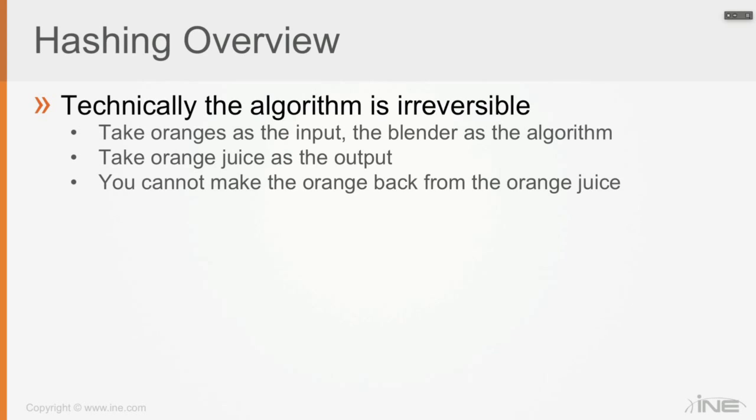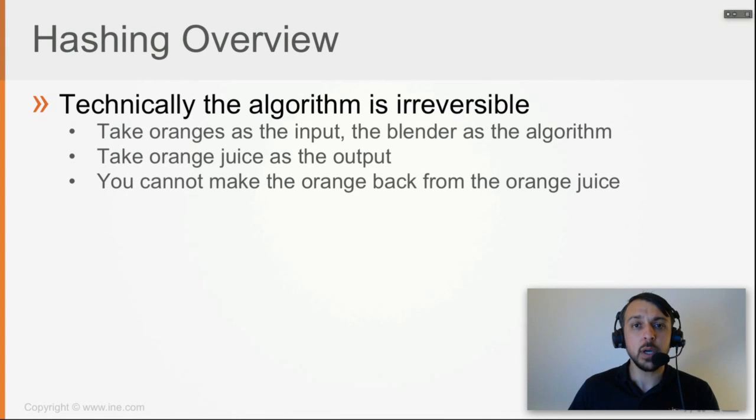And you cannot make the orange back from the orange juice. That's why they call hashing functions a one-way mathematical function. You have an input, which is a block of data of any size. You put the data in the algorithm, and you always end up with a fixed hash size, depending on which algorithm you use.